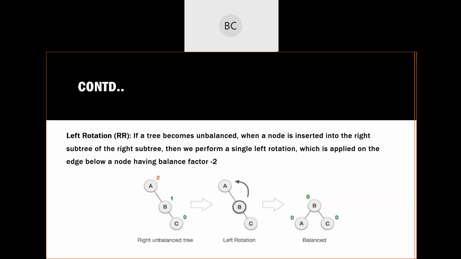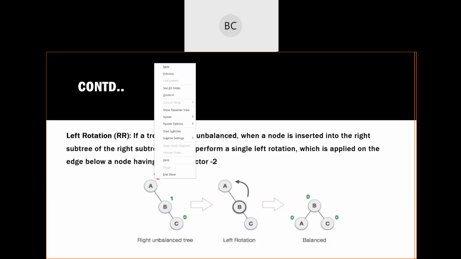So what happens here? This is your node A, this is B, and this is C, right? So at A, you can see the tree is unbalanced. So here balance factor is 2. For AVL tree, it should be -2 actually, not 2, because 0 minus 2 is -2.